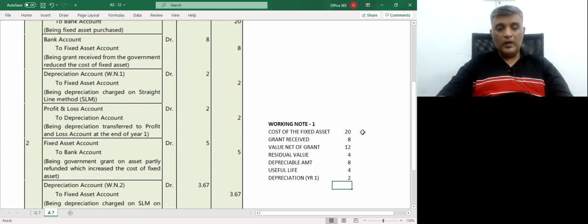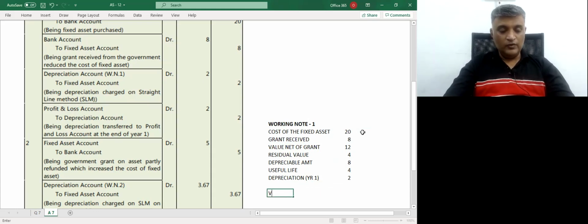So 20 lakhs is the cost of the asset. Grant received is 8. So that makes the value of the asset 12. If I reduce the depreciation, it is going to be 10 lakhs. So the value of the fixed asset in the balance sheet is going to be 10. How? It is 20 minus 8 minus 2.